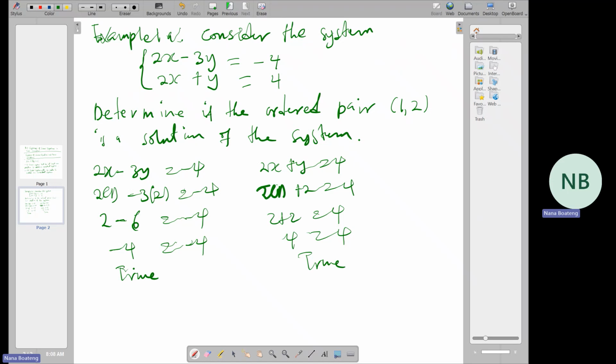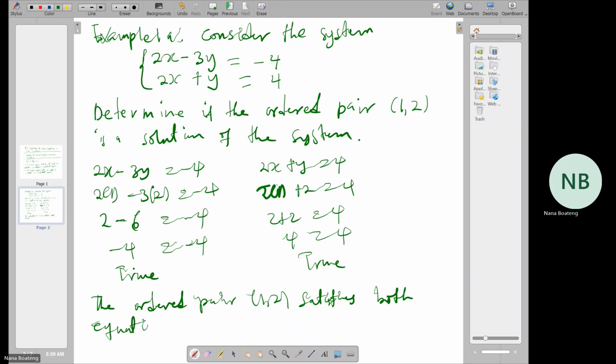So by substituting the ordered pair 1, 2 into both equations, the number on the left-hand side equals the number on the right-hand side, we can say that the ordered pair 1, 2 satisfies both equations, and it's a solution of the system.